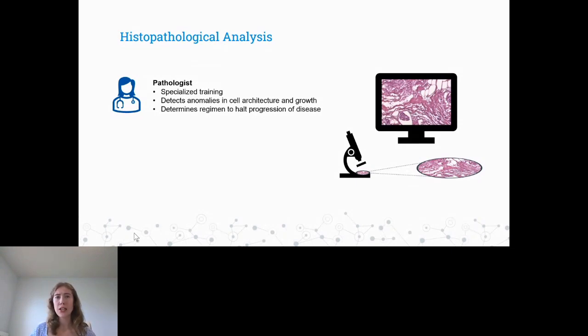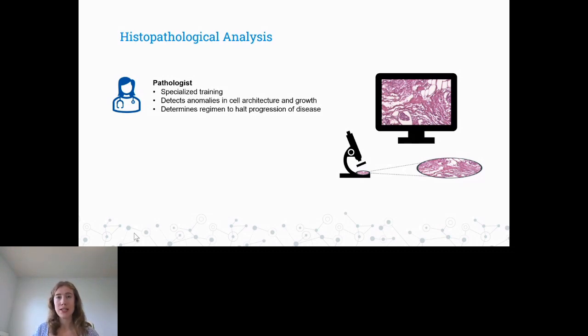An anomaly in the cell architecture and the presence or absence of certain biological attributes can be strong indicators of a particular disease. A pathologist can detect this abnormal growth or tumor from a histopathological image and assess which regimen should be prescribed to halt the progression of the disease.